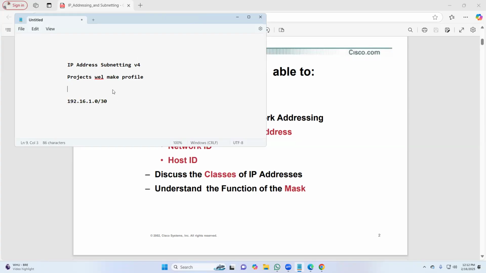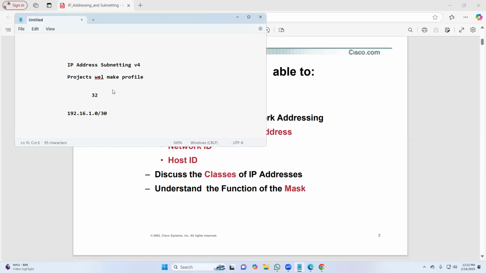Always, the IP address is 32-bit. We are talking about IPv4, not IPv6. IPv6 is another chapter, another topic. Right now we are using IPv4 everywhere.